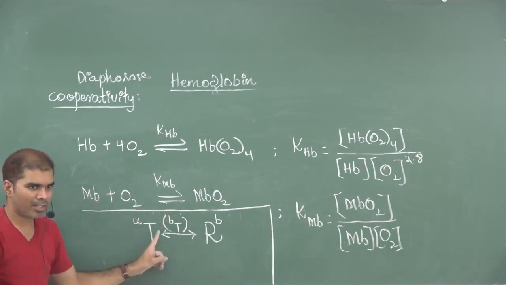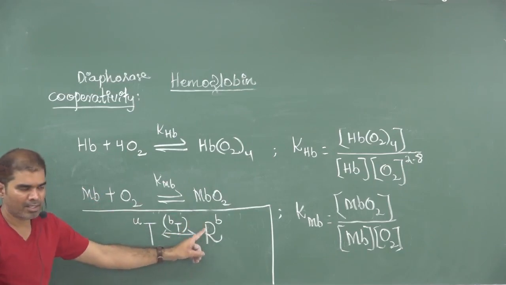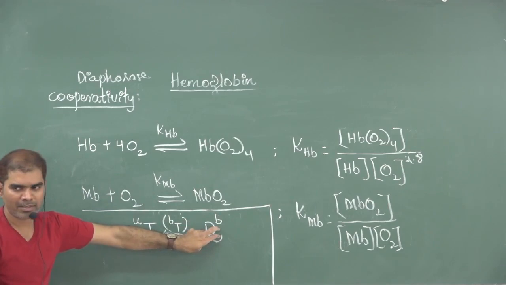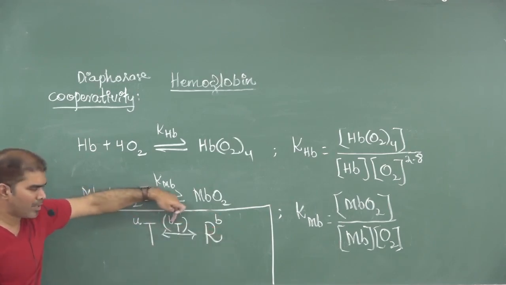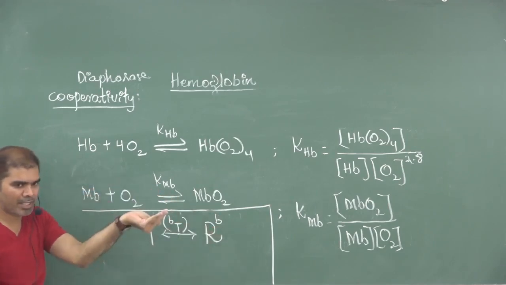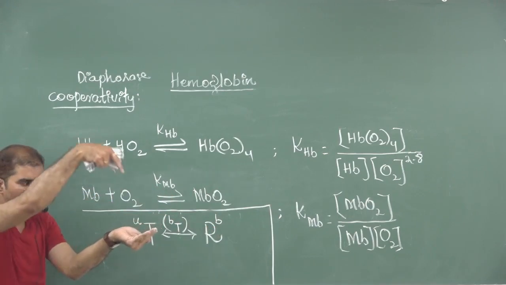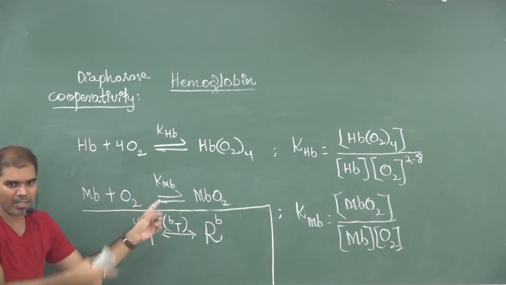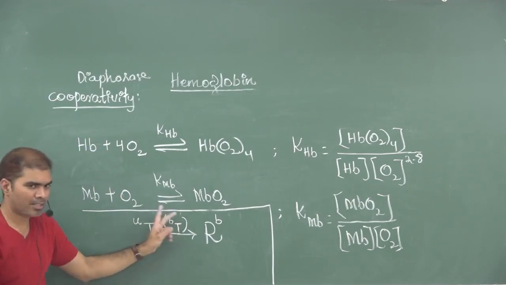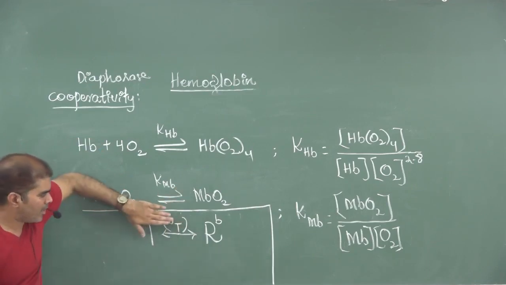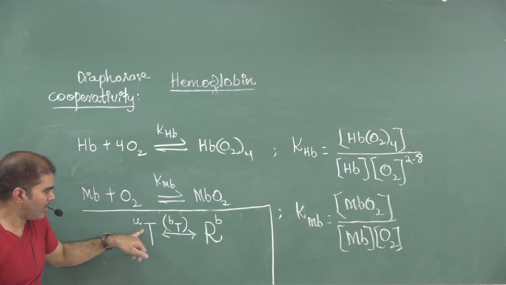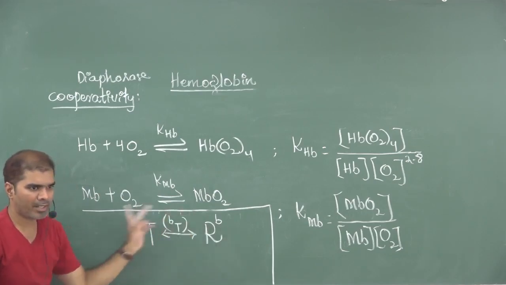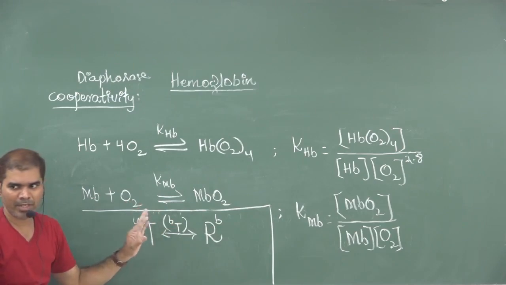Unbound is called T state, bound is called R state, but before this unbound T state converts into bound R state, they say that T state is also bound. It means if this is a tense state, in this tense state oxygen comes and binds, then suddenly it will become bound. That is the meaning of it. It is like a transition state. But most of the literature does not give this. So simply remember, conversion of unbound T state into bound R state, interconversion, is called cooperativity.